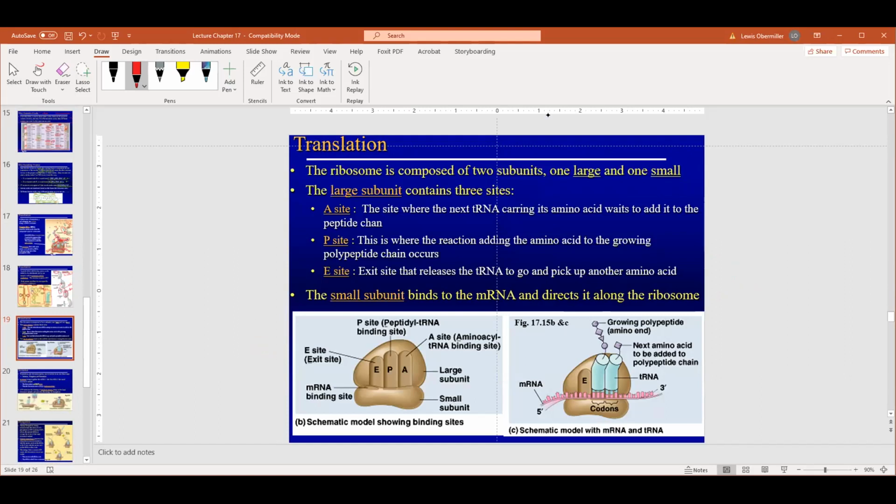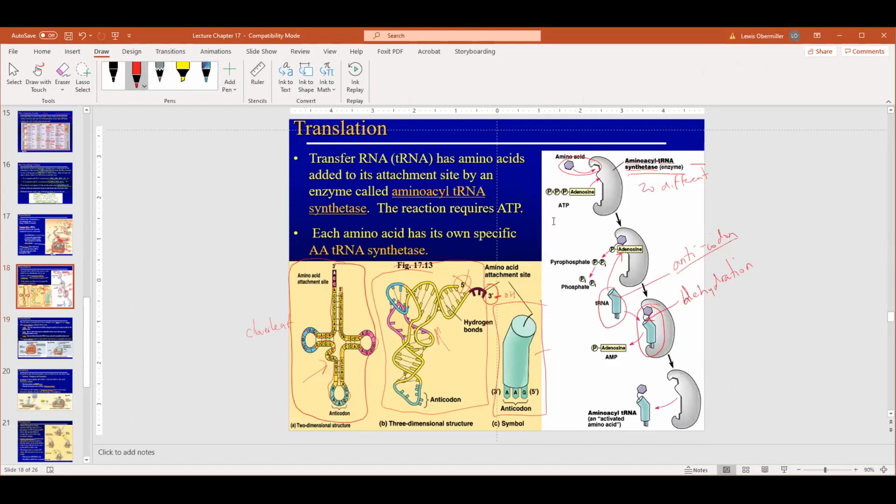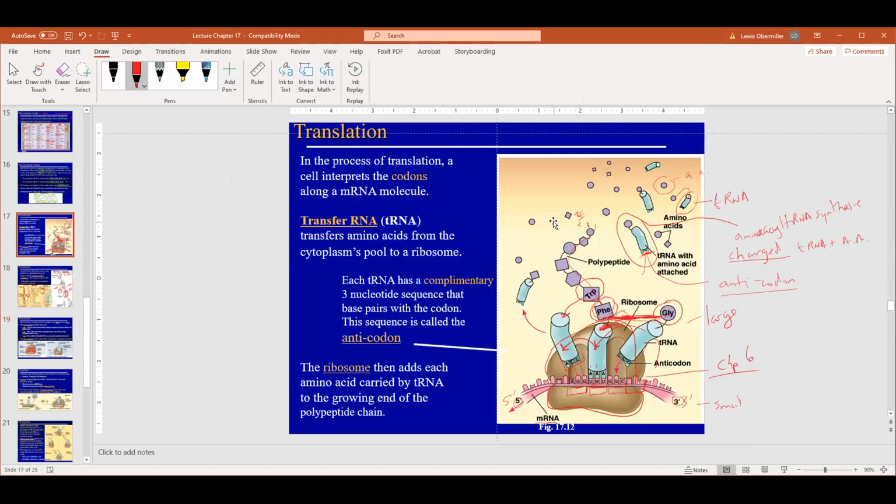All right. So we're looking at the ribosome here. We have the large subunit and we have the small subunit, and the mRNA goes in between, which is shown here. The sites are called E, P, and A, the 3 sites that we were just talking about, which are here. So this site is the E site, and that means exit.